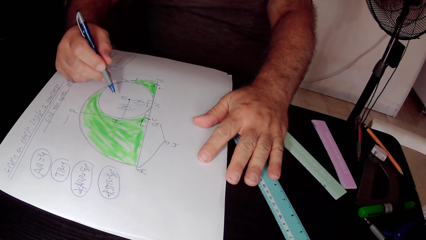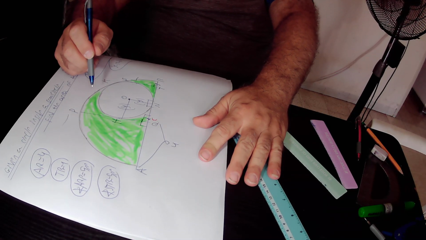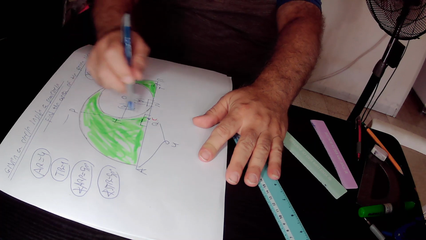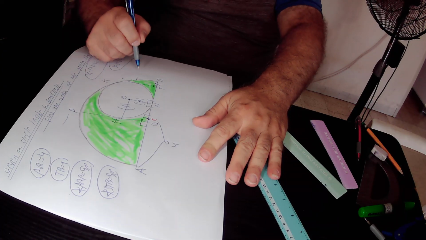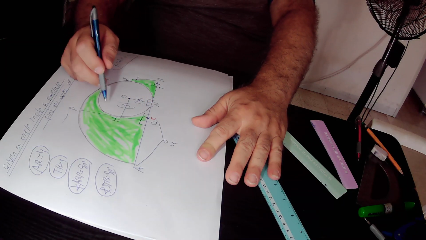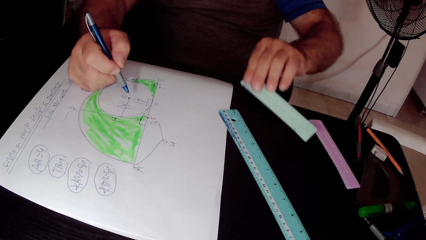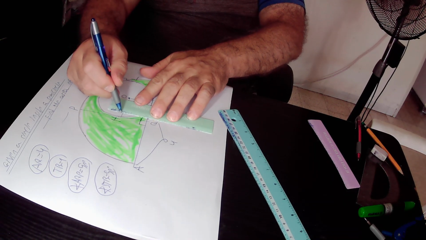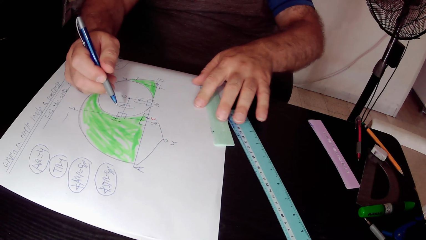The radius OH is drawn to point H, that is the point of tangency of tangent PQ with this small circle. And whenever you have a radius that is drawn to the point of tangency, then tangent PQ will be perpendicular to the radius HO. If PQ is perpendicular to HO, it means that this angle equals 90 degrees. And this angle also equals 90 degrees according to rule 1.